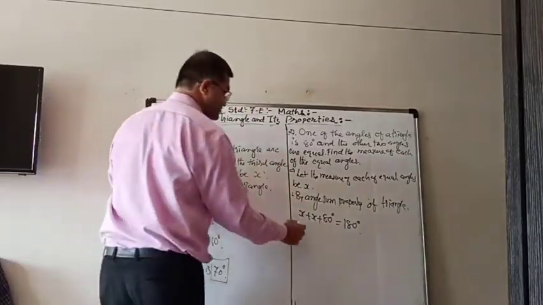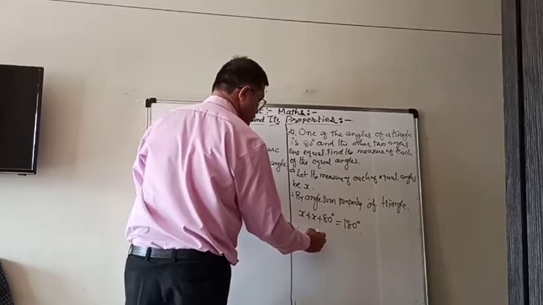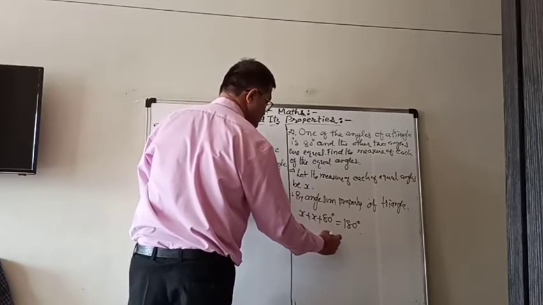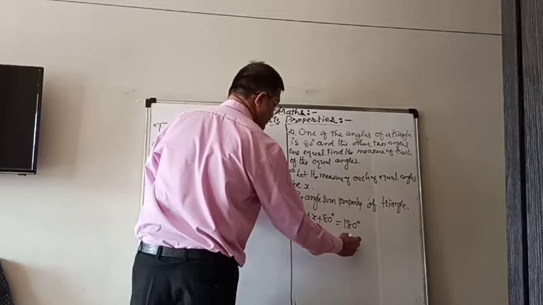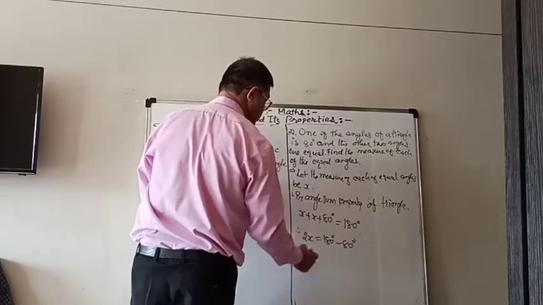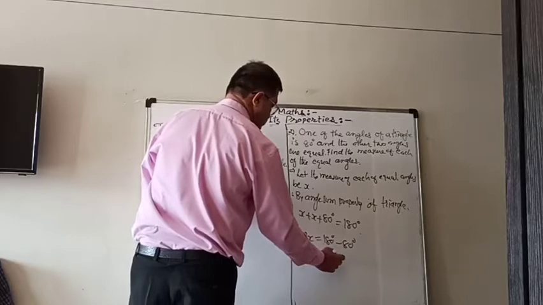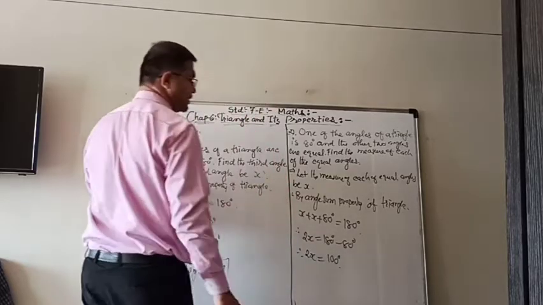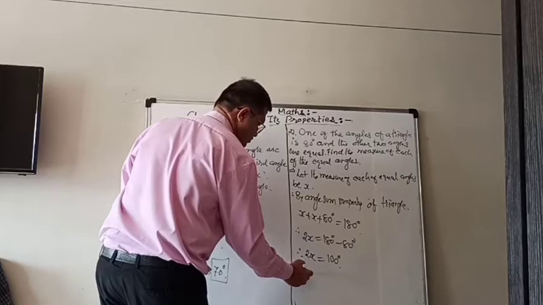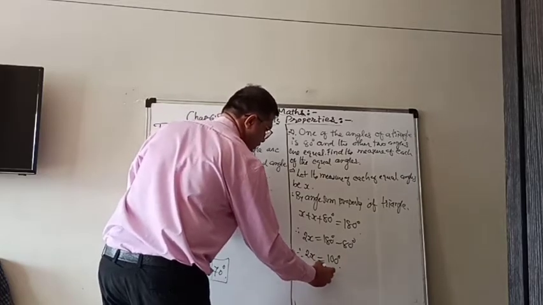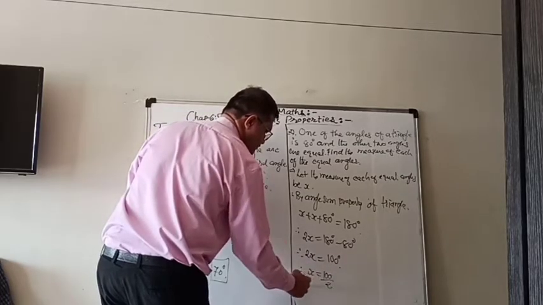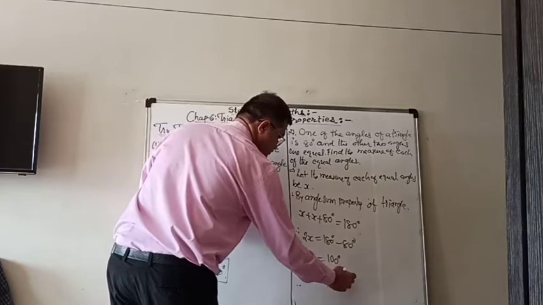So now x plus x is 2x. So 2x is equal to 180 degree minus 80 degree. Thus 80 will go that side. So therefore 2x is equal to, now 180 minus 80 is 100. Therefore x is equal to 100 divided by 2, which is 50.